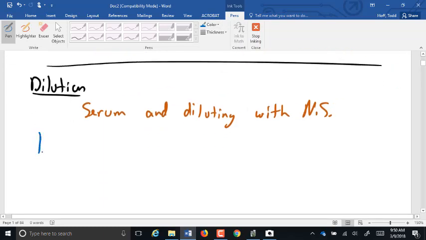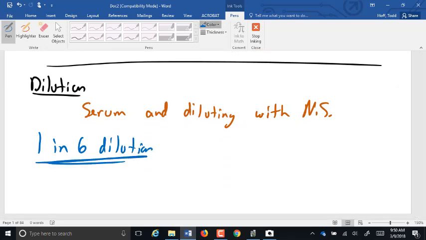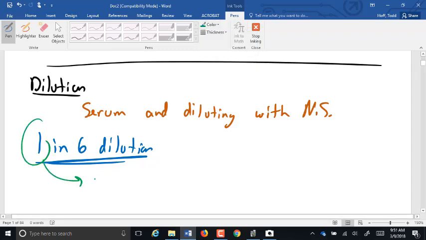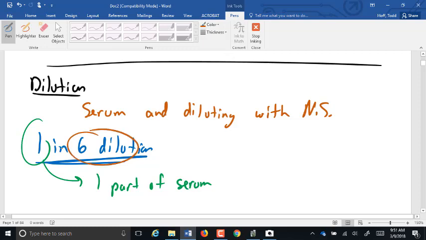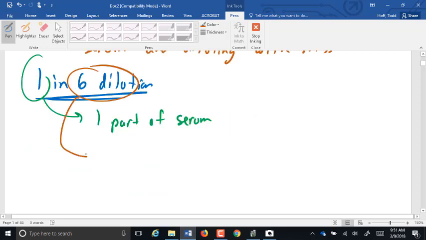We might have a 1 in 6 dilution. What that means is we have 1 part of serum compared to 6 parts of total solution.